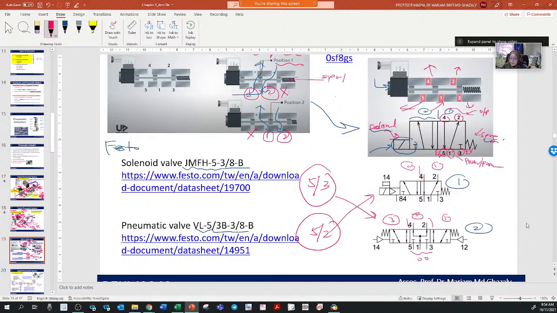Alright, and another question. If you see in the first part, what type of component can you see? You can see that there's a spring. What else? You can see there's a solenoid. What is the symbol? What is the symbol? Anyone?